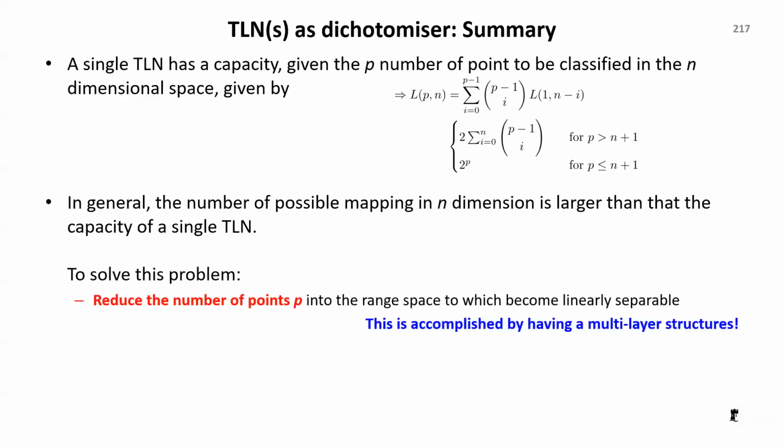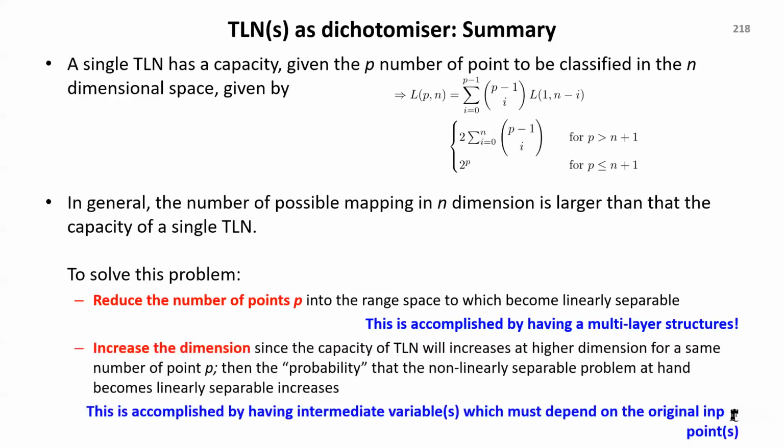And to solve this problem, we have looked at 2 ways. Reduce the number of points, and how do we do it? We use multi-layer neural nets. Or the other way around, we increase the dimension.